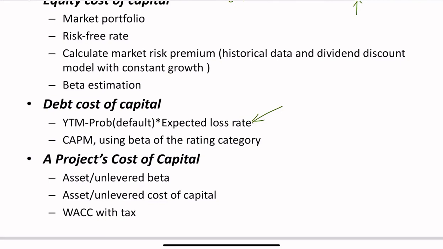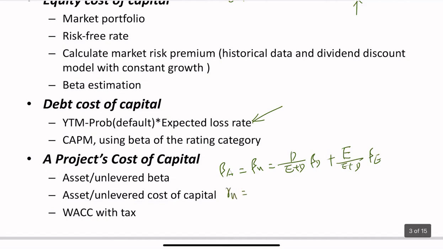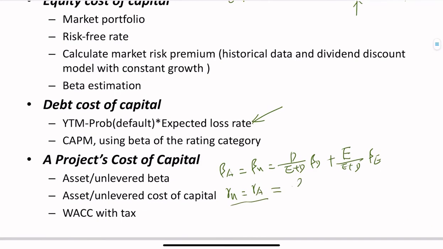In terms of formulas, we discussed, I would say, 3 formulas. The first one is to calculate the unlevered beta. And then we also discussed how to calculate the unlevered cost of capital, or the asset cost of capital, because you know these two are basically the same.